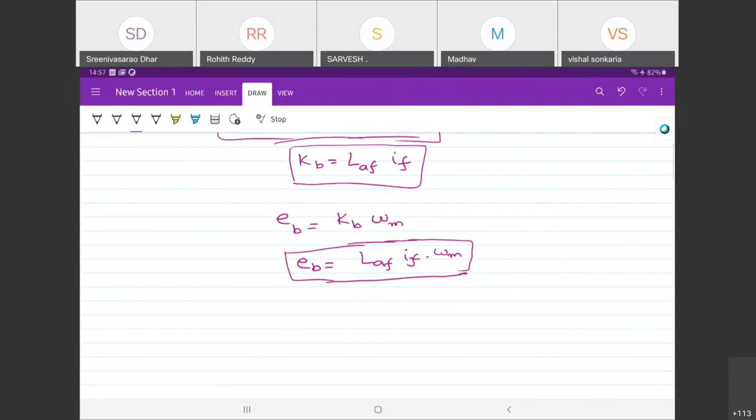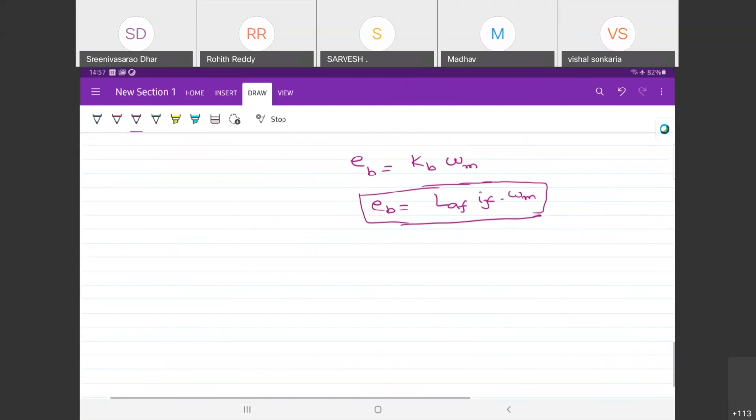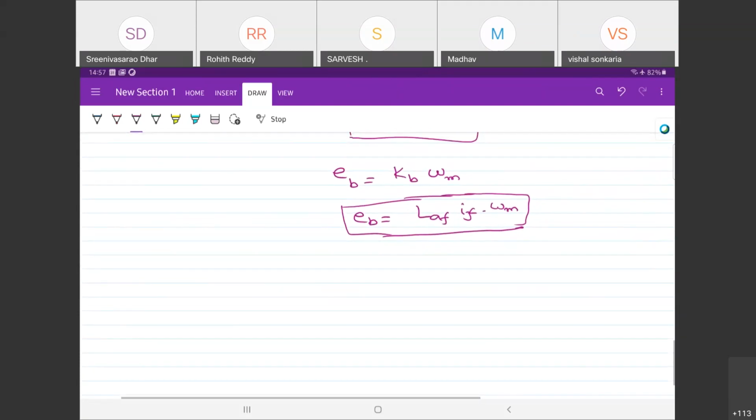This LAF usually varies, it may be 1, 2, 3, 4, 5, or any value. Now we will come to the design we originally planned. We want to design a 5 HP motor with 240 volts, and the speed is 1220 RPM.